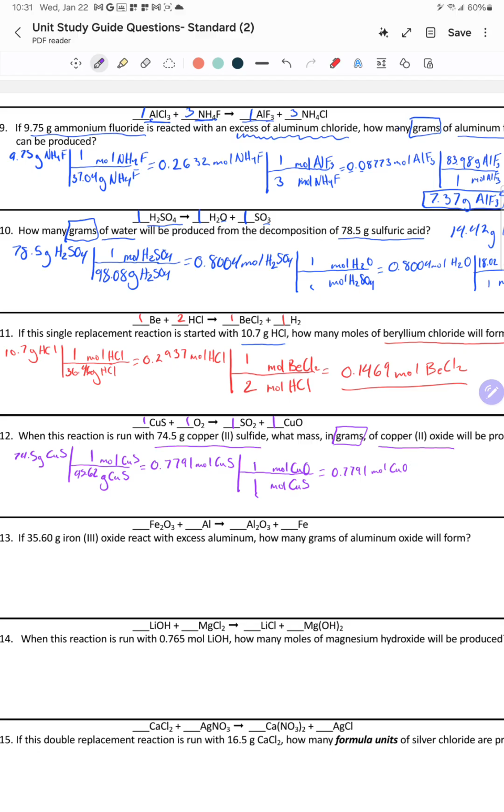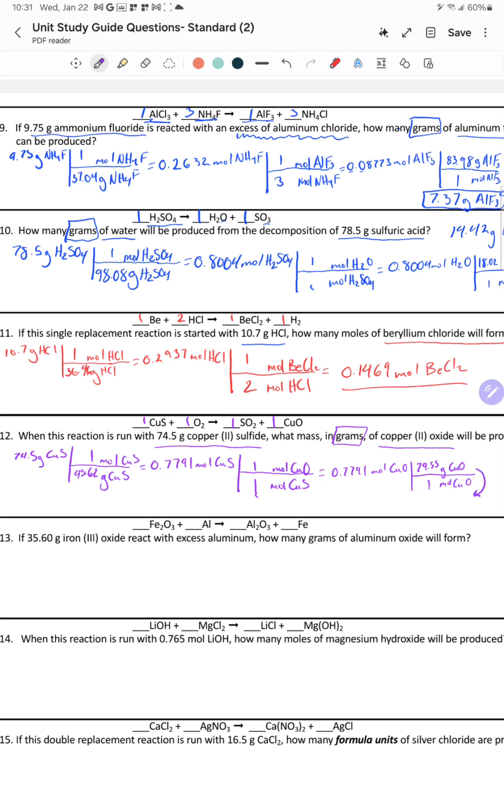Now I need to convert this into grams though, so I'm not done. I need to go to grams of copper 2 oxide from moles of copper 2 oxide. Always going to be 1 mole, and I look at the molar mass, found from a periodic table, and that's going to be 79.55 grams. Now I multiply the top, divide by the bottom.